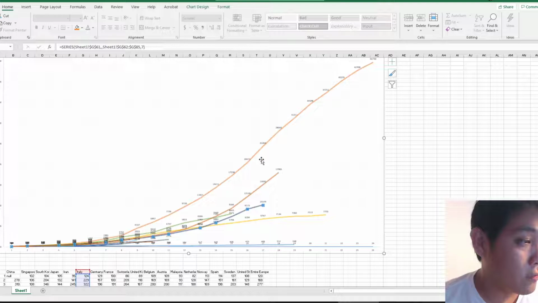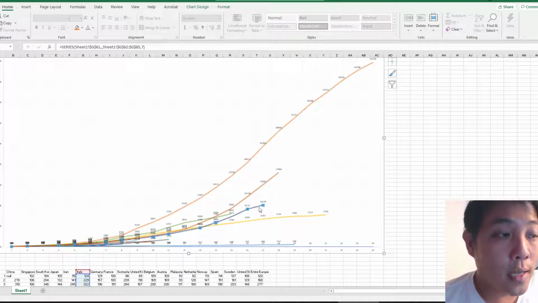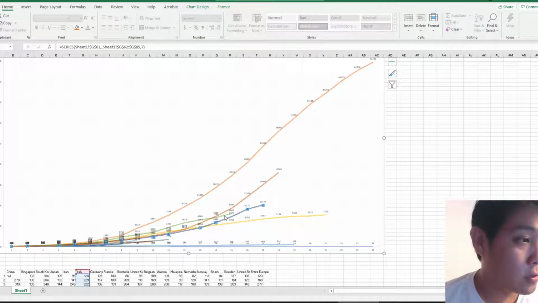So if you're interested, the blue line, this is Italy. They are on day 17 since they passed 100 cases, whereas Iran is still behind on day 15. There's that 7,000 cases. And this one, much further along, is South Korea, because they are the first country outside China to get a huge outbreak.